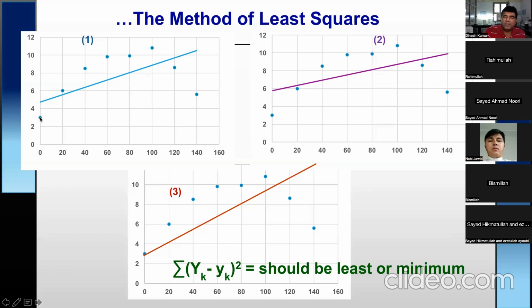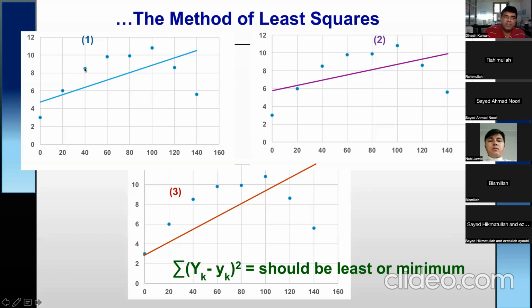So 4.8 minus 3, you can find out the value and square this value, and keep it to make the total. Similarly, the next value will be positive because the observed value is more than the predicted value. The predicted value is on this line. So observed data minus predicted data is the distance. You square this value and keep it for the total.